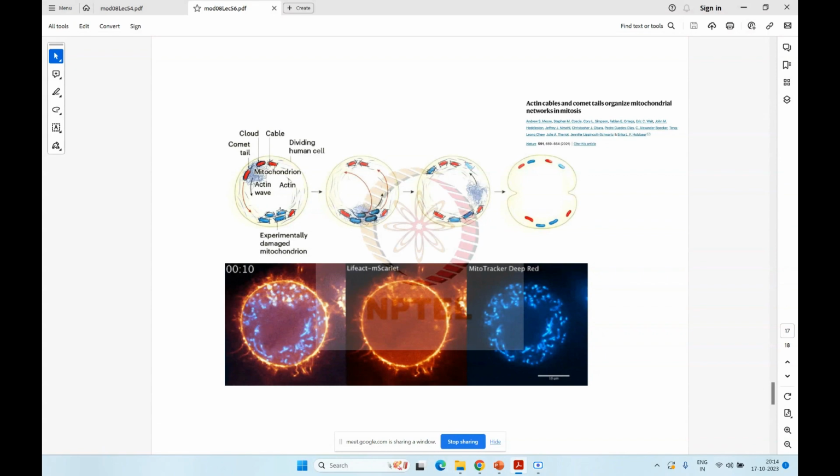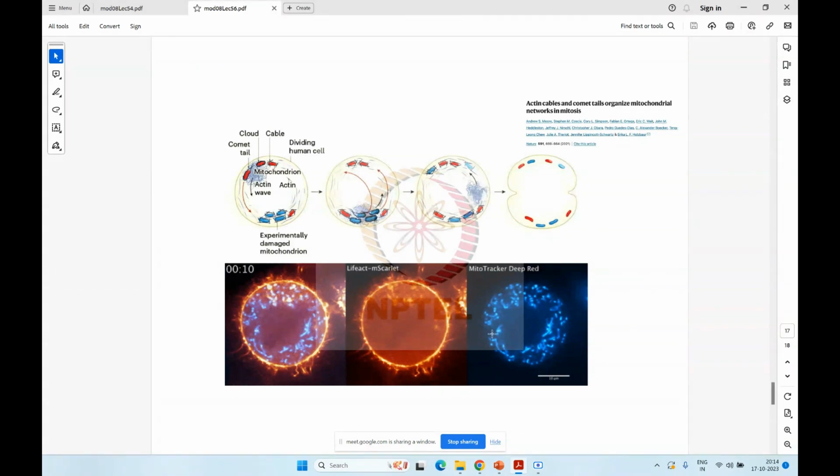Oh, sorry, the comet tail is basically the actin filaments coming together to redistribute the mitochondria. They are going to take damaged mitochondria from this end to this end, and they're going to take the intact mitochondria from this end to this end.